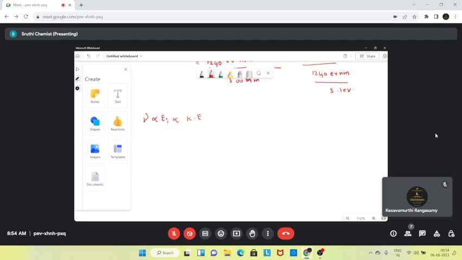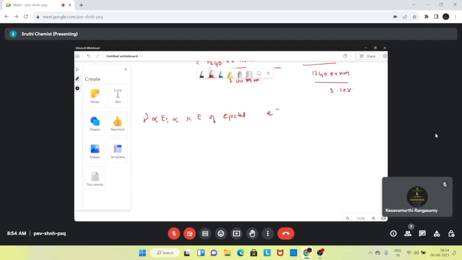In case you are giving 100 kilojoules of incident energy, only 20 kilojoules will be used to remove an electron, then the remaining 80 will be used up for the kinetic energy. Am I right? So greater the energy of incidence, greater will be the kinetic energy. Clear everyone? Greater the frequency, greater will be the energy of incidence, greater will be the kinetic energy of the ejected electron. Here you can write kinetic energy of ejected electron.